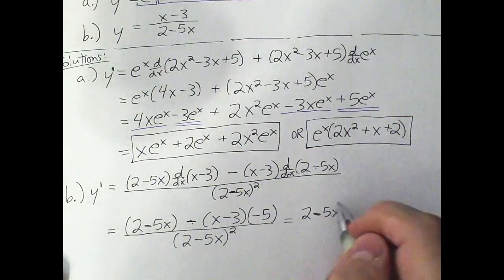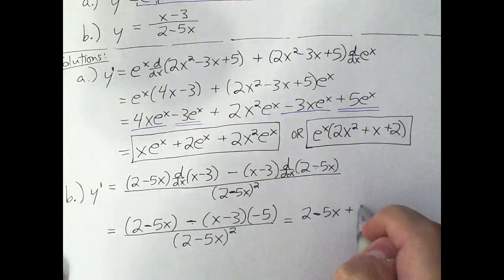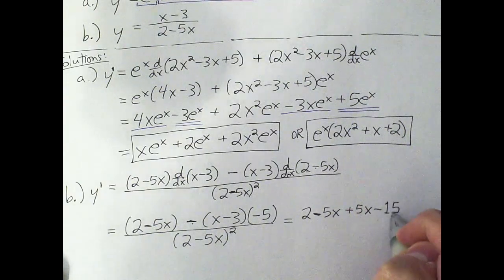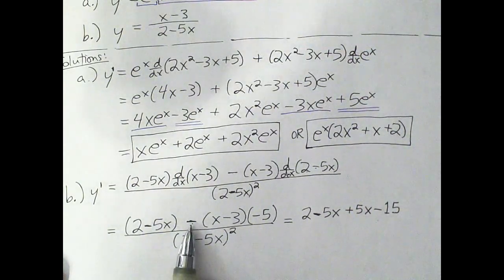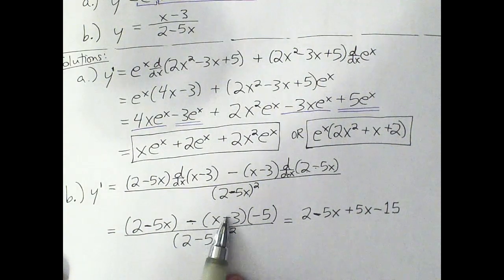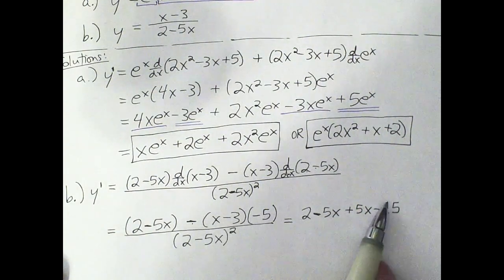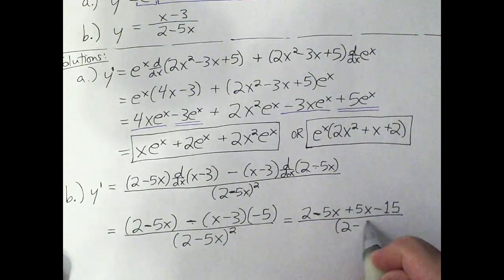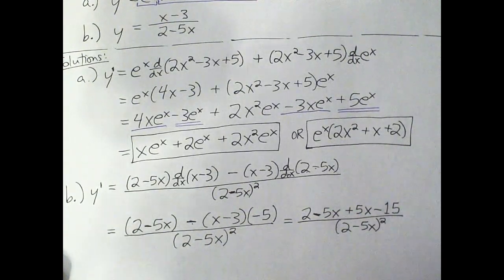So we're going to get plus 5x minus 15. Why is it minus 15? It's a triple negative. There's minus 3 minus 5 gets us minus 15. Just be careful about the algebra stuff and arithmetic.